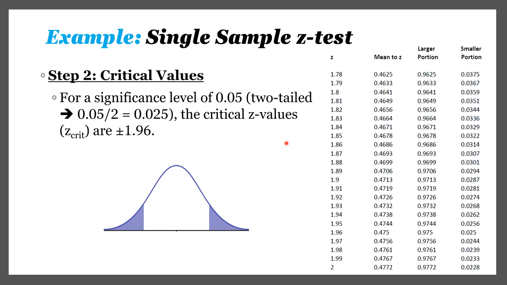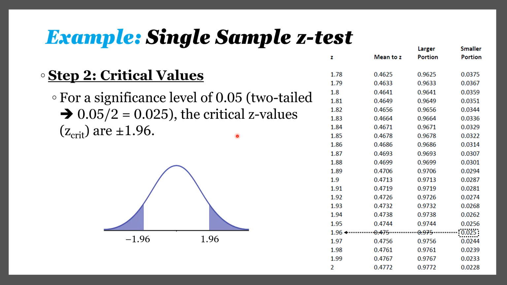Now we want to go into our z table and, in the smaller portion column, find the value that comes closest to 0.025. And there it is. We have that exact value. Now we want to pull out the corresponding z-score, and that is our critical value.